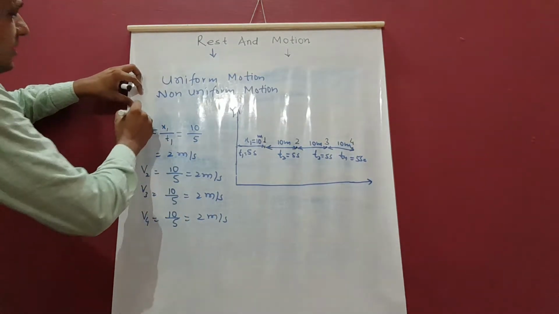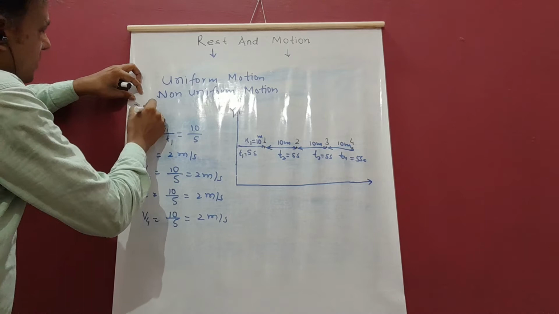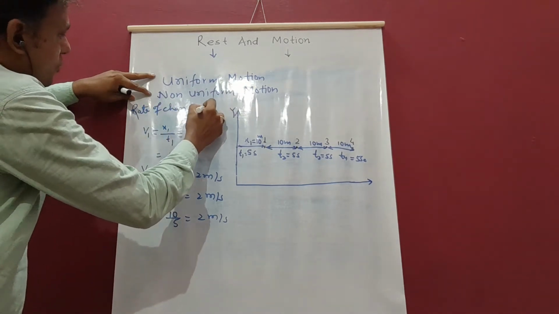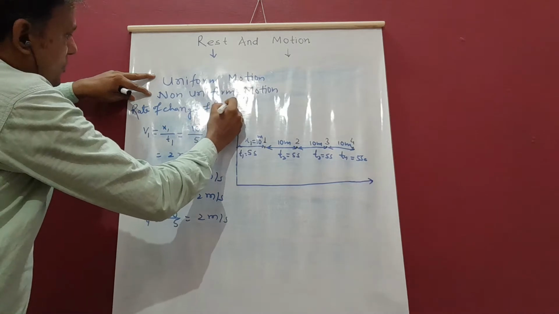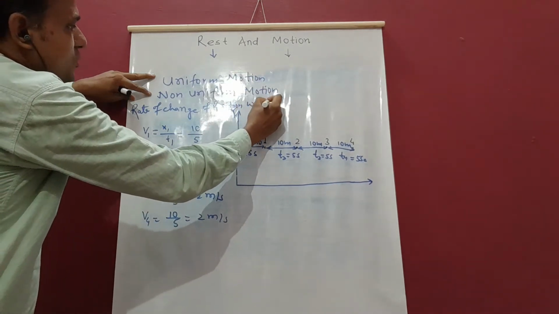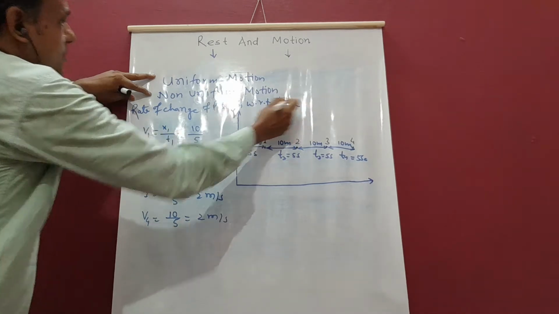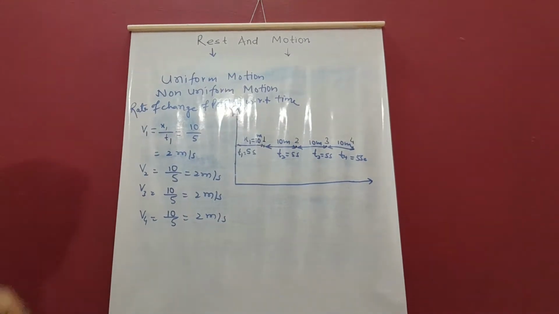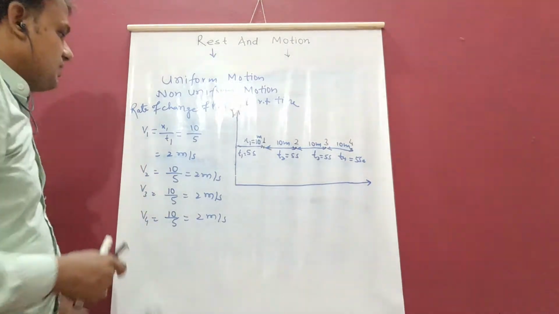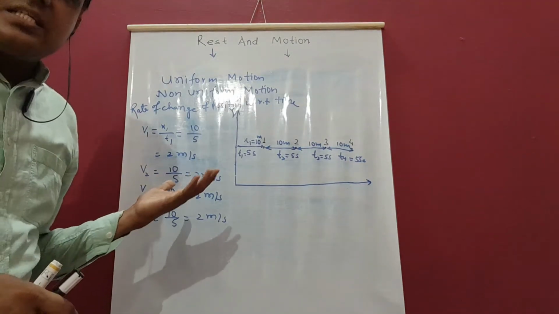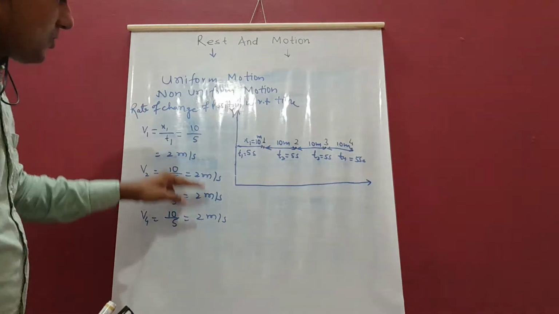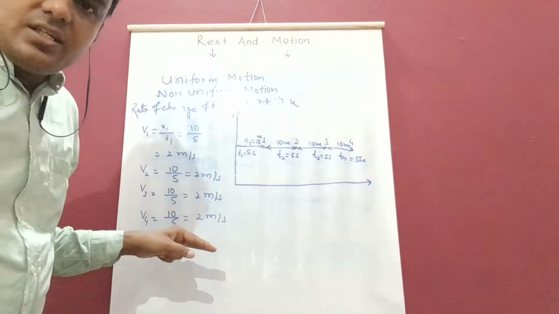It is the rate of change of position with respect to time. If you see in all the four cases, the rate of change of position with respect to time, which is represented as speed or velocity, it is constant in all the cases.